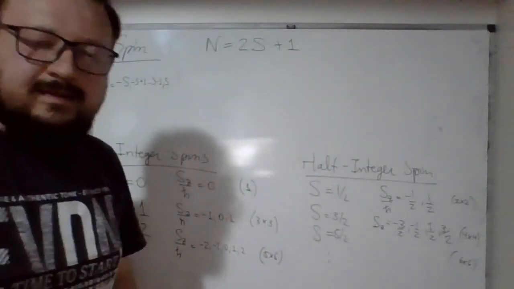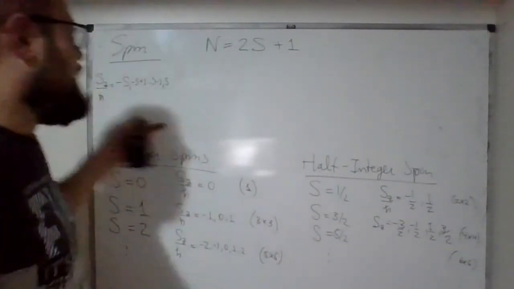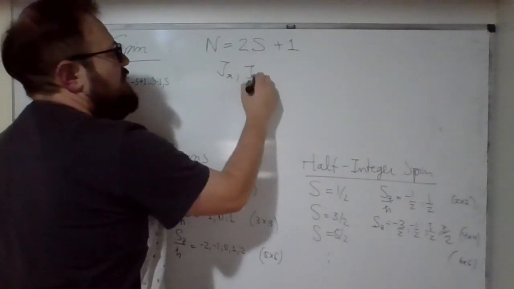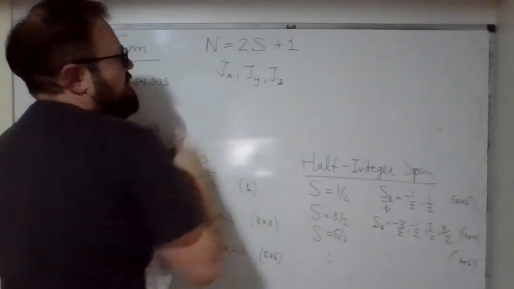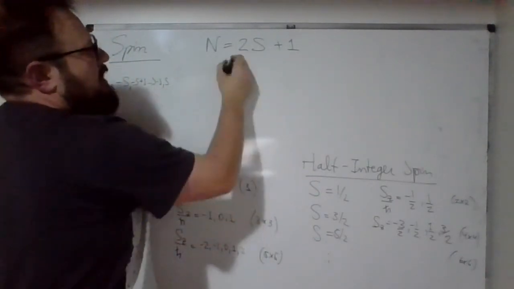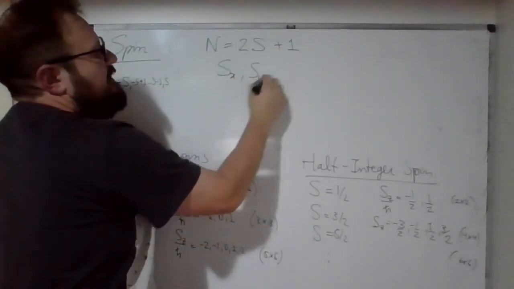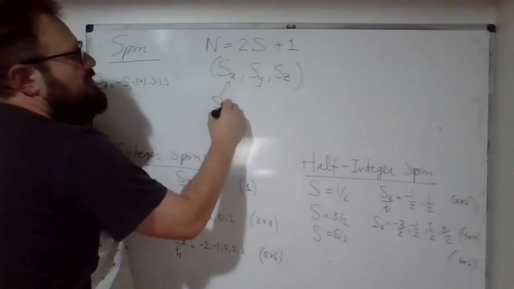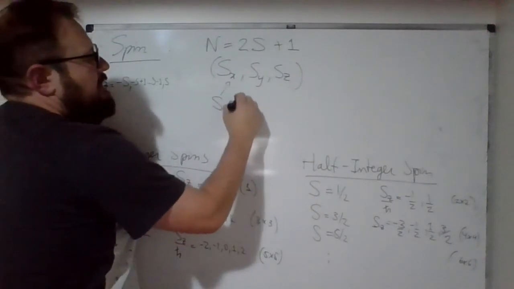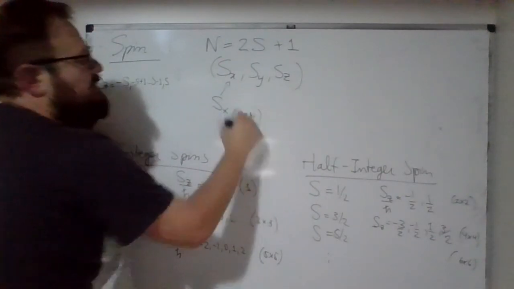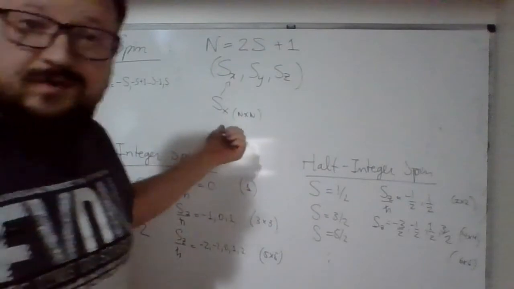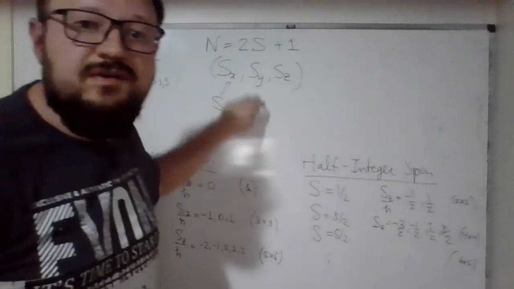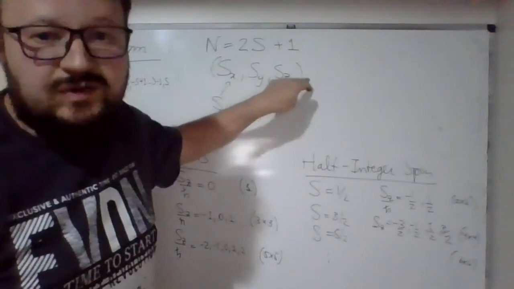So the generators are Jx, Jy, and Jz, which are now represented by the spin Sx, Sy, Sz. These matrices will be represented by n by n matrices. So this is what we are talking about, the dimensionality of the generators.